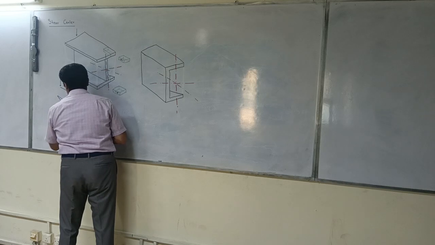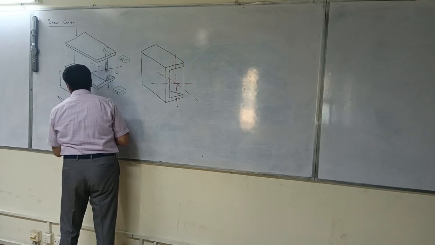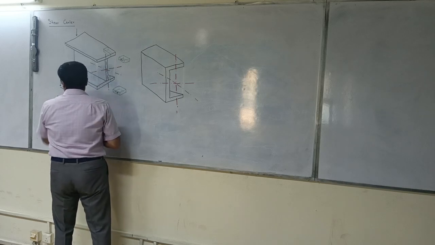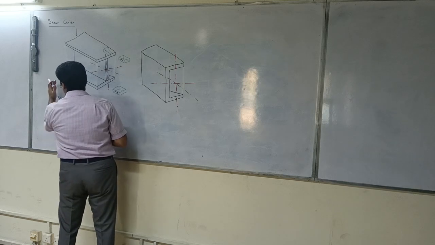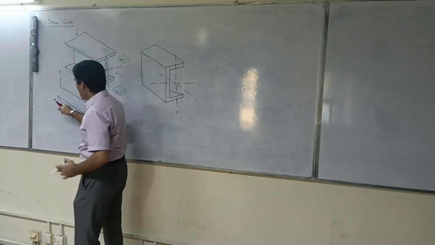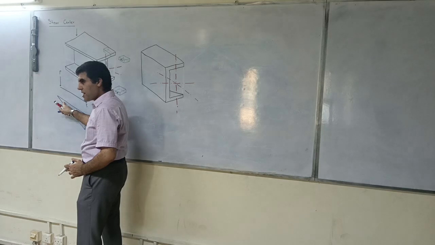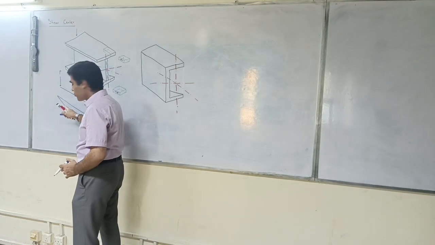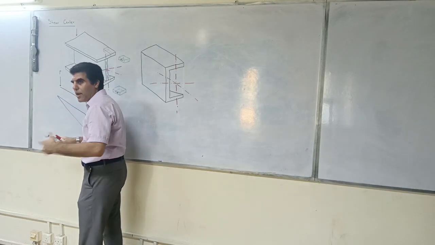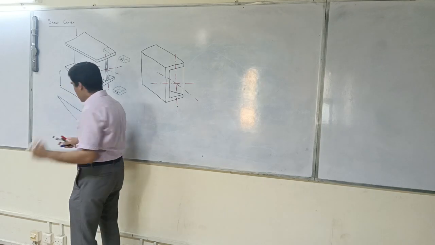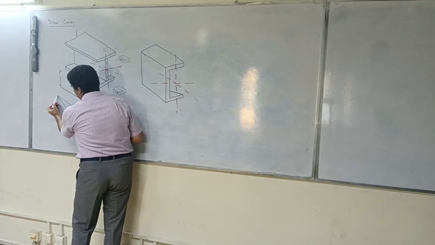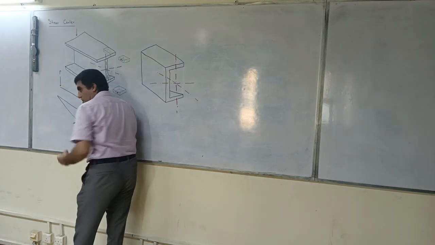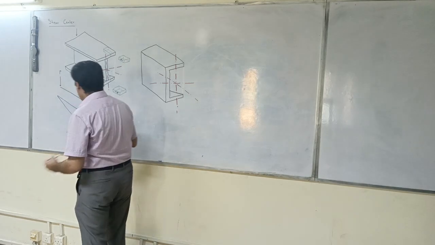That diagram will show that towards the load we will have a smaller moment, and as we move towards the support we will develop bigger moment. As you can see, it starts from 0 and keeps on reaching a maximum magnitude.